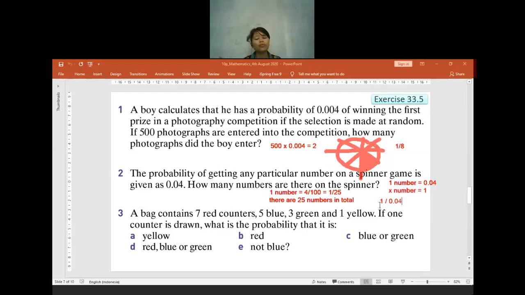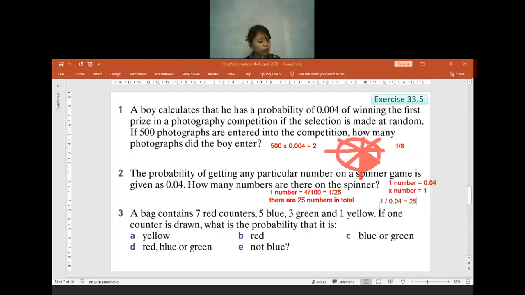So to find how many numbers there are to get a probability of 1, I just do 1 divided by 0.04, or you can change the probability into a fraction, also okay. Is there anyone having difficulties so far? No? Okay. If no one is confused, I will move to the next question.